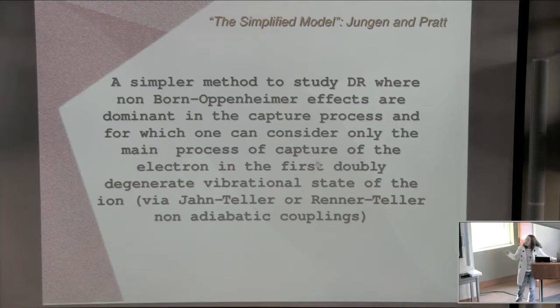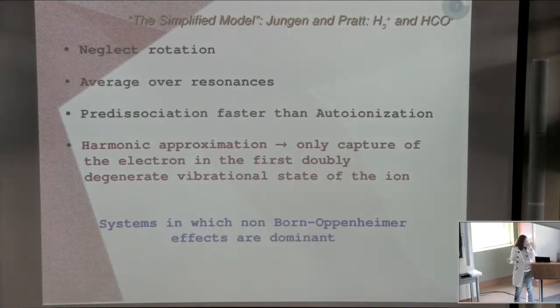They also added another simplification, the harmonic approximation, in which the molecule remains between the ground and the first excited state of the ion, with populations going only into small vibrations away from the configuration. This simpler method has been proven to work very well for systems in which non-Born-Oppenheimer effects are dominant.